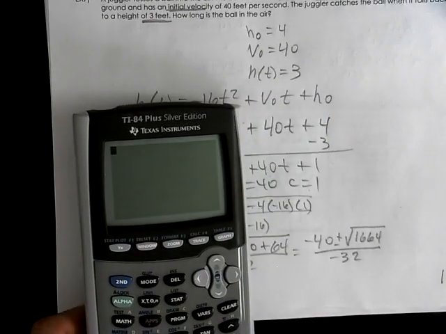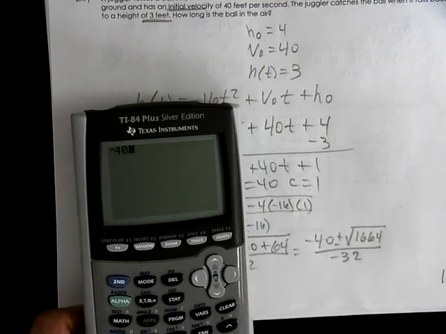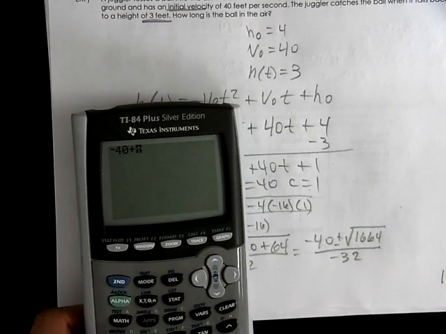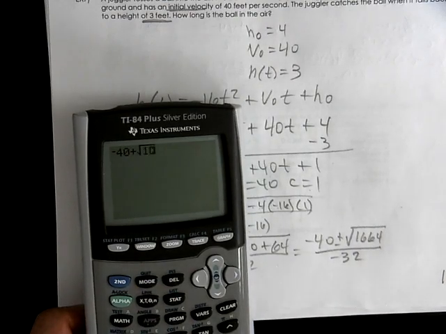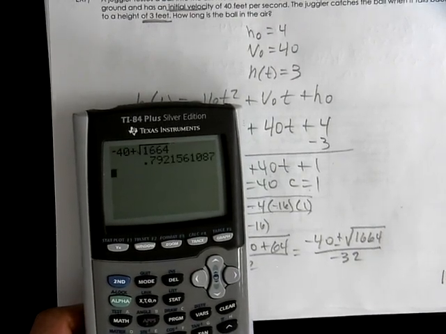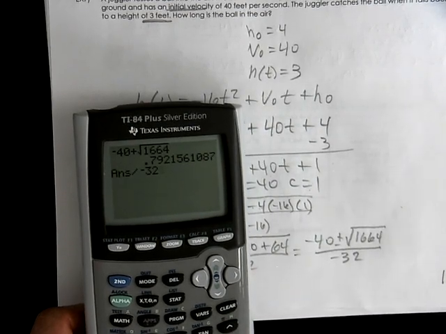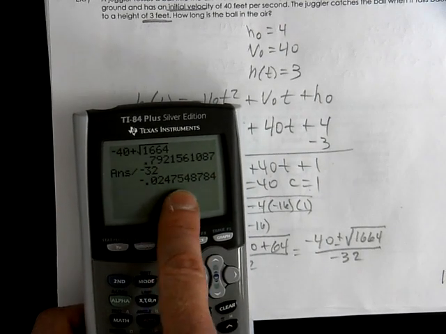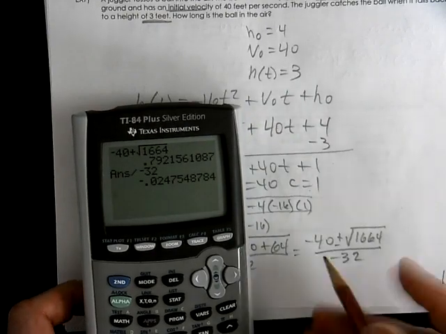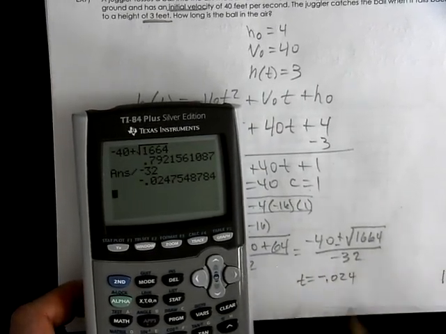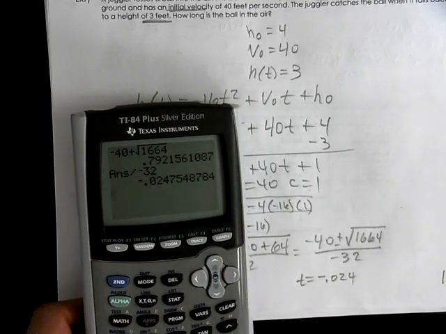So I'm going to take my calculator: negative 40 plus the square root of 1664, divided by negative 32, gives me a negative answer. I don't want negative time. So let's try the other way.